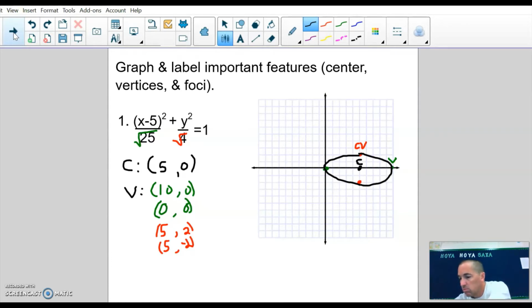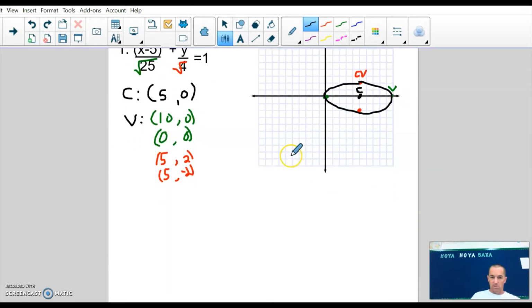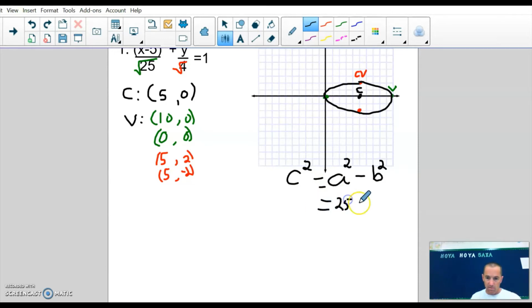All right, so do this down towards the bottom.